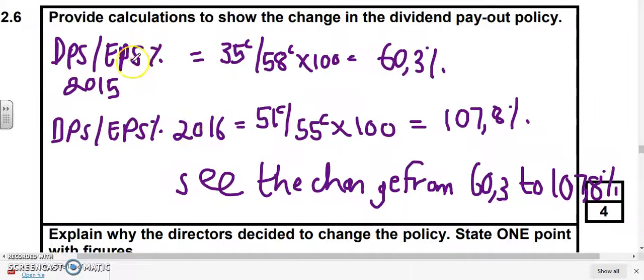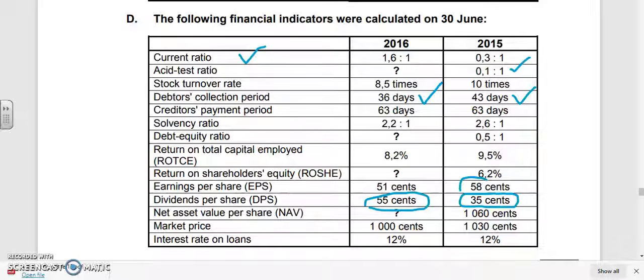So what we do, guys, is you will take your dividends per share. The dividend payout policy is calculated like this, so you can see the change. It's how much we pay a shareholder, the dividend payout against the earnings per share. Your dividends per share for last year was 35 cents out of 58 cents.